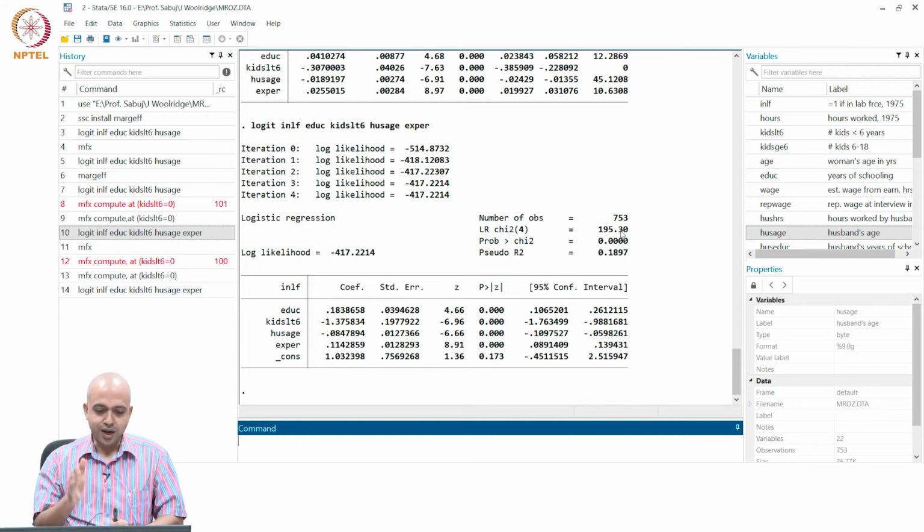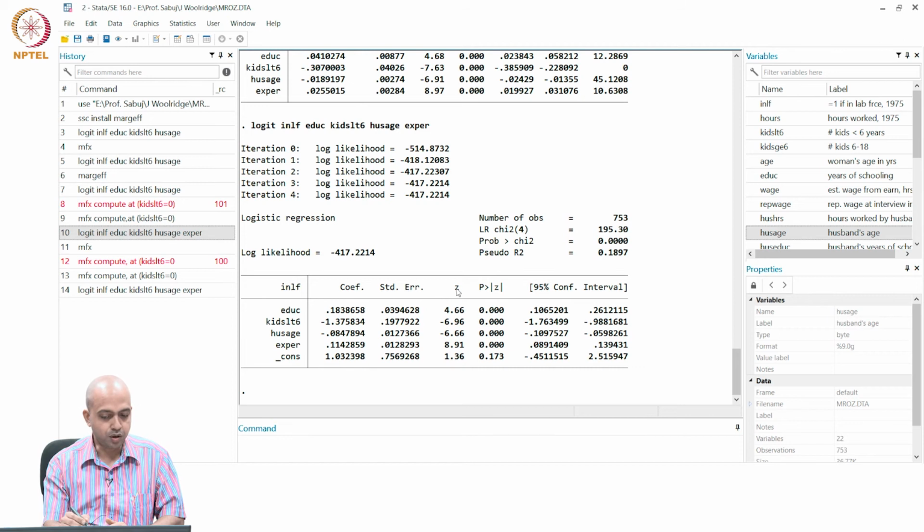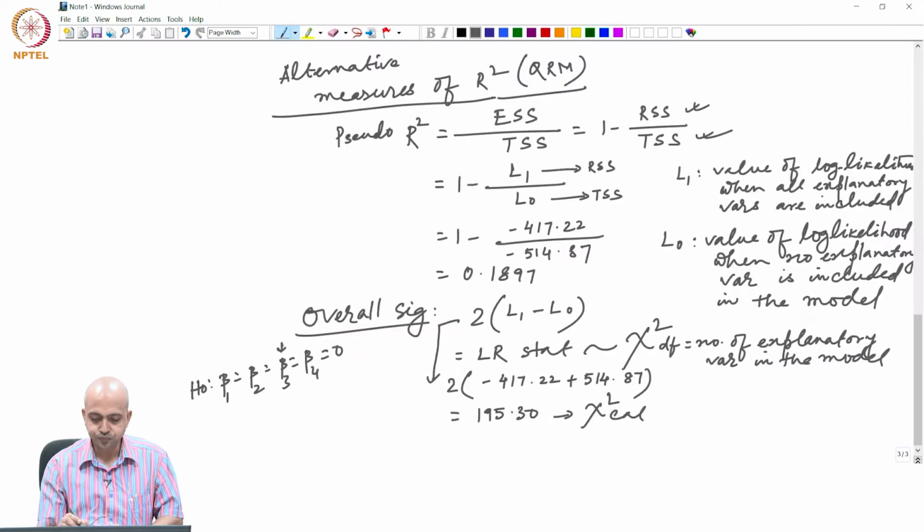Alright, and another difference between the standard model and the qualitative response model: how do you measure the significance of an individual variable? Instead of t, here we are getting z. What is z?